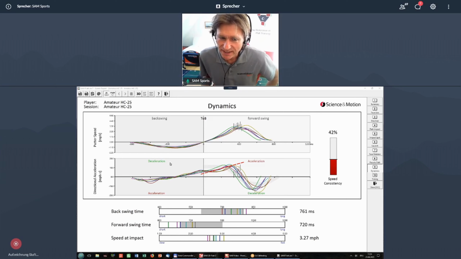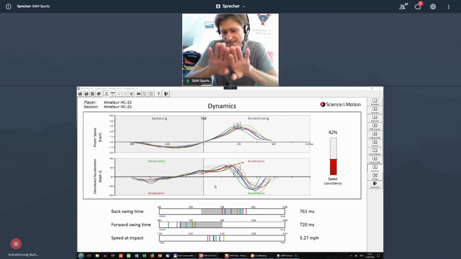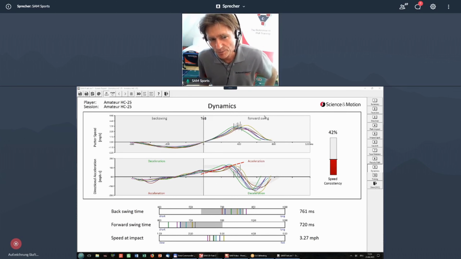And what you can see now far better than before is that if we connect at top of backswing, so if we do not separate it into backswing and forward swing, then you can see that the level of acceleration at start of downswing depends on the level of deceleration at the end of backswing.